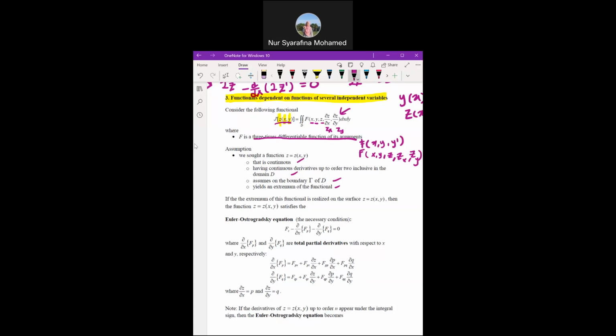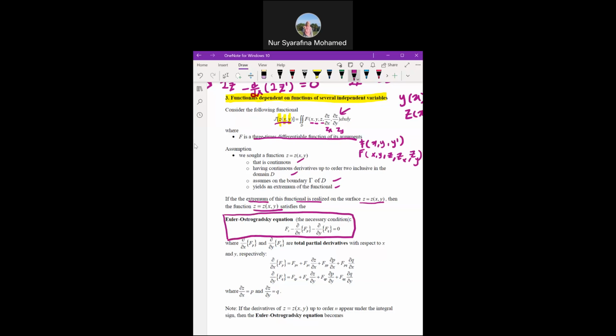If the extremum of this functional is realized on the surface z, then the function z satisfies the Euler-Ostrogradski equation, if we have a function depending on two independent variables.